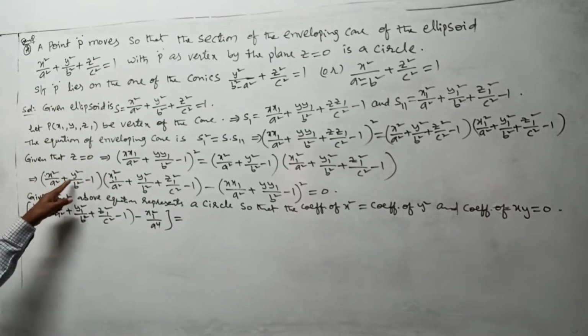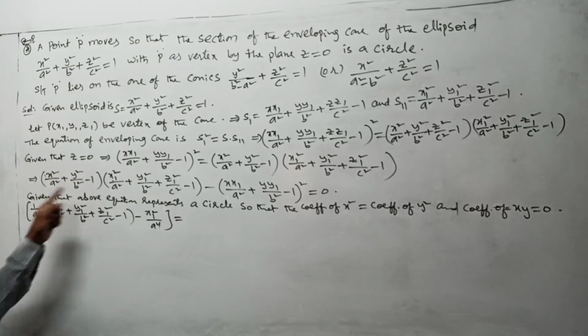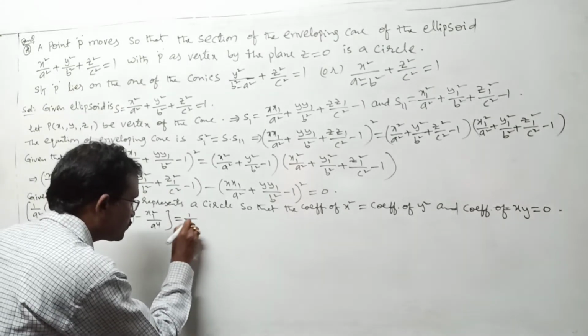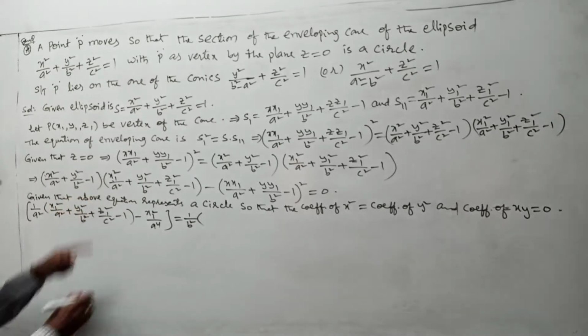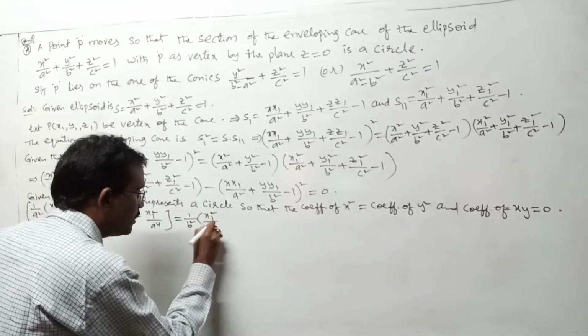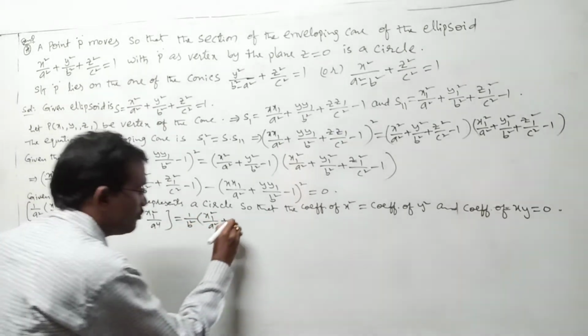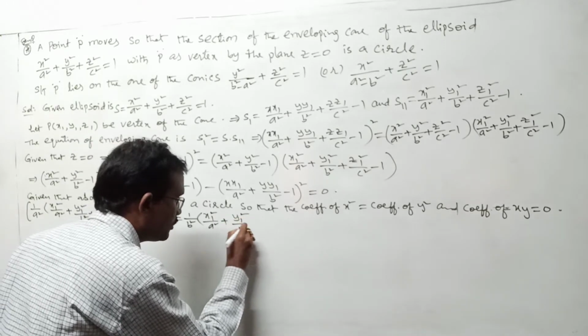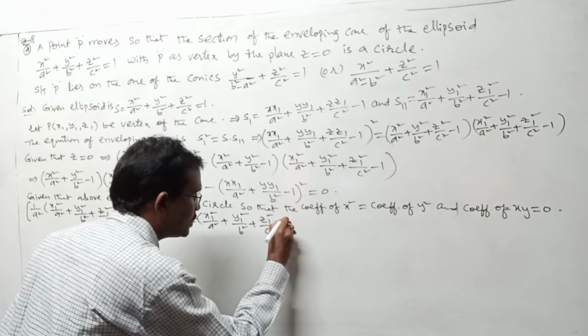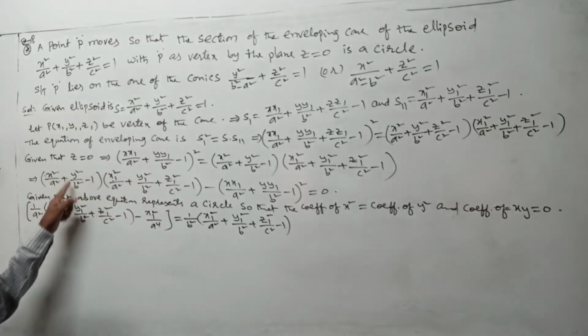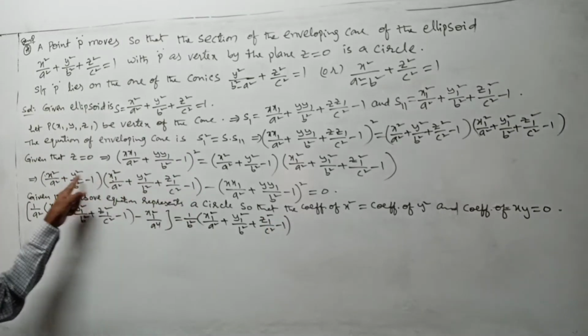Coefficient of y square means what? This y square into this total term is 1 by b square into x1 square by a square plus y1 square by b square plus z1 square by c square minus 1. 1 by b square into this total thing gives the y square coefficient.